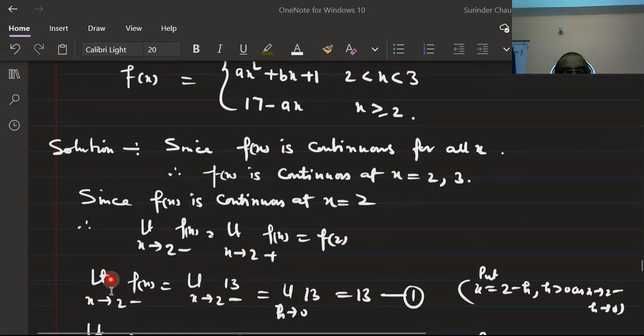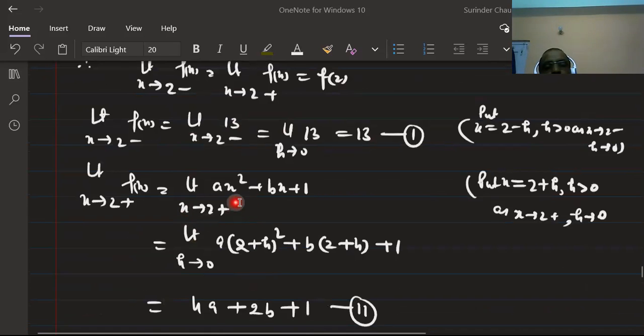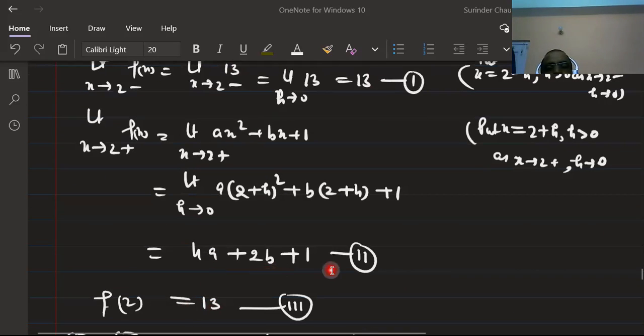Let's find the left limit at x equal to 2: it is a constant function, so the limit is 13. The right limit at x equal to 2 is obtained by substituting x equal to 2, and we get 4a plus 2b plus 1.